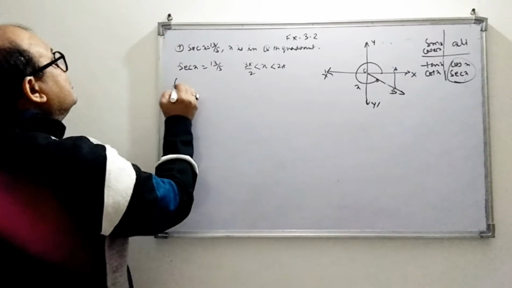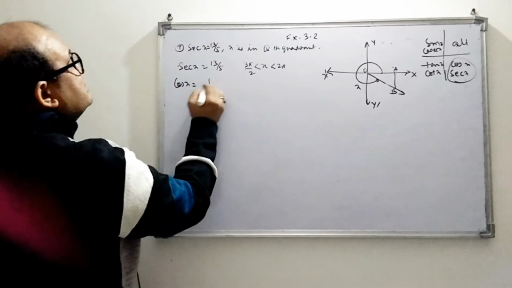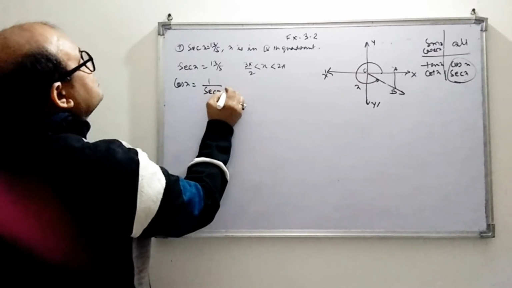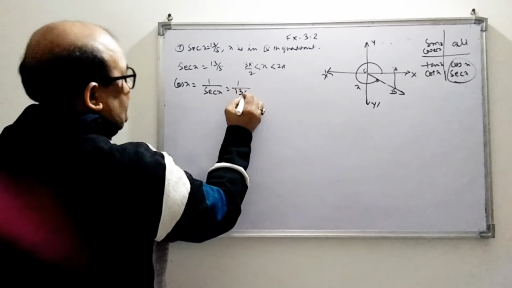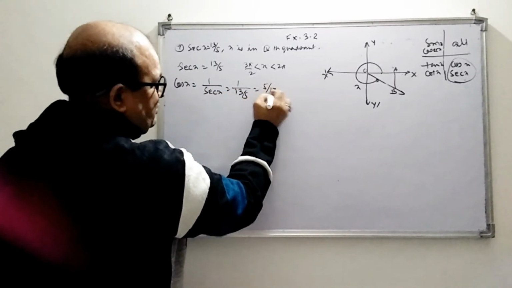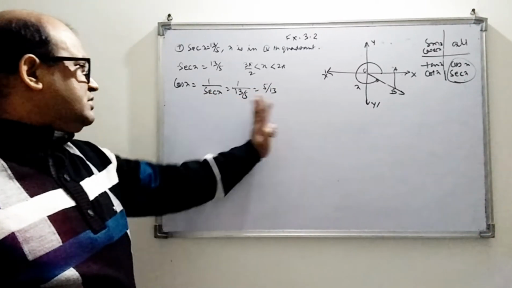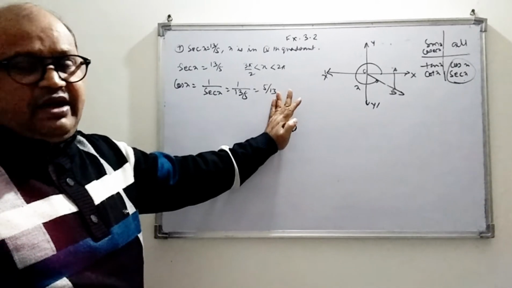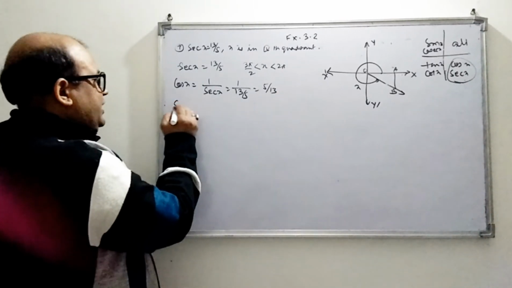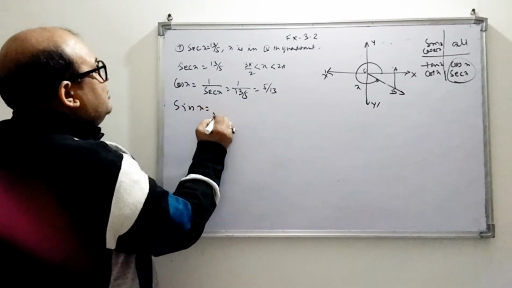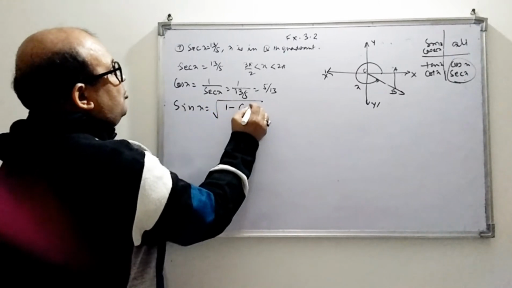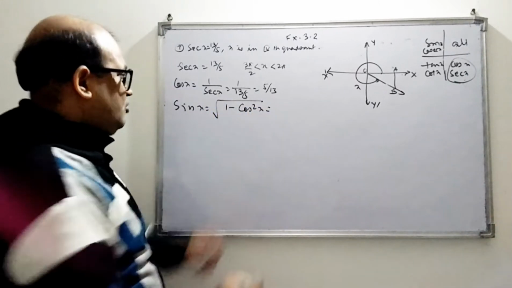Now let us start with cos x. Cos x is reciprocal of sec x. That is equal to 1 by 13 upon 5. That gives you 5 by 13. Now sin x equal to under root 1 minus cos square x.